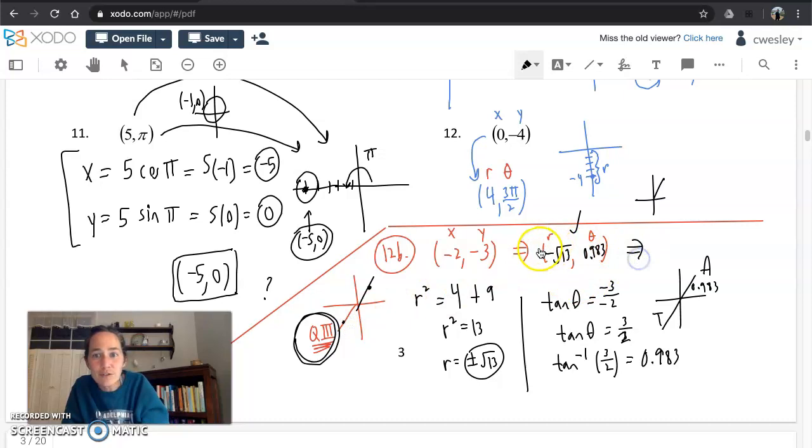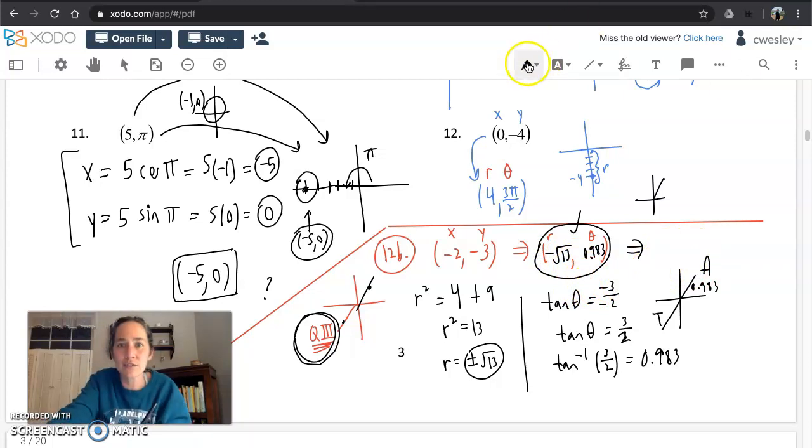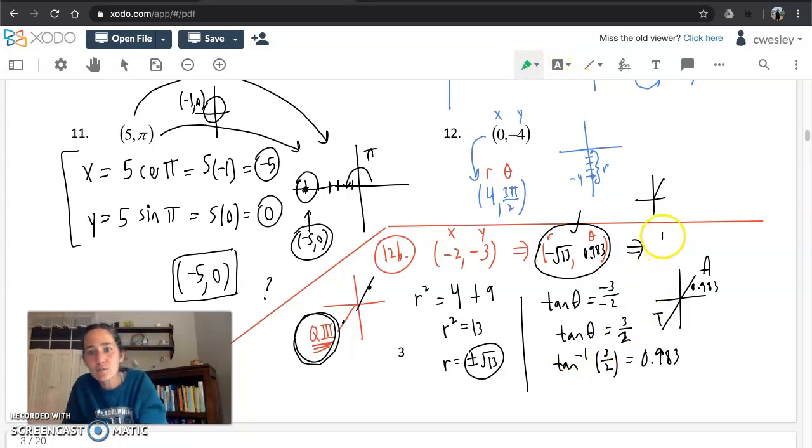I'll circle this as a potential solution, but if you're in a situation where you need a positive radius, sometimes it just makes things easier to have a positive r value. That's no big deal. We can handle that. Use positive square root of 13, and then think to yourself, oh, I have a reference angle here and here, these vertical angles of 0.983. Here's pi. Let me just add pi to that, and that'll put me in quadrant 3. So a little bit more calculator work.